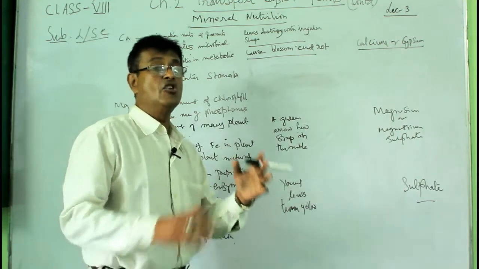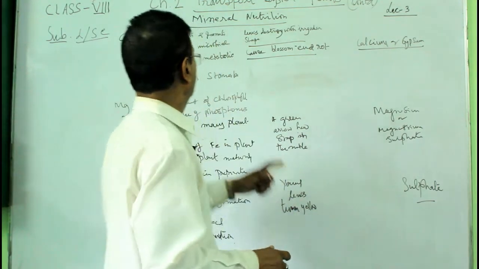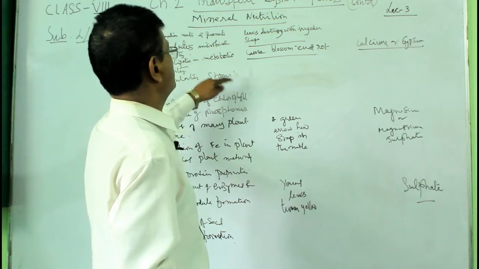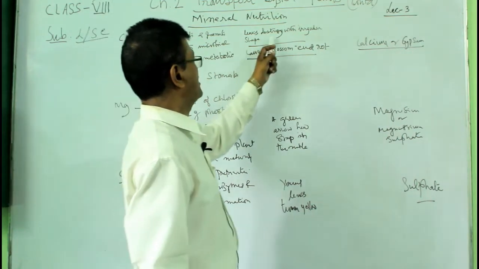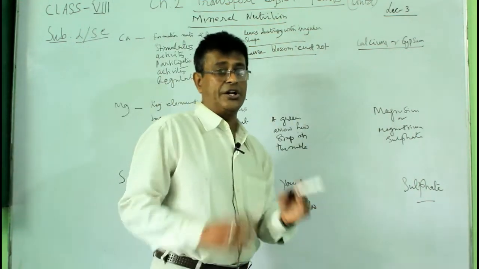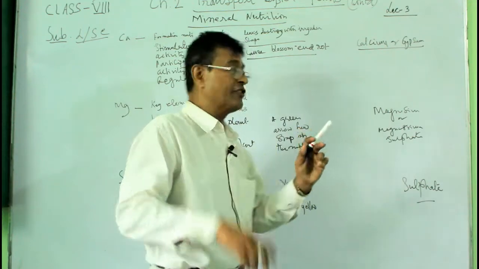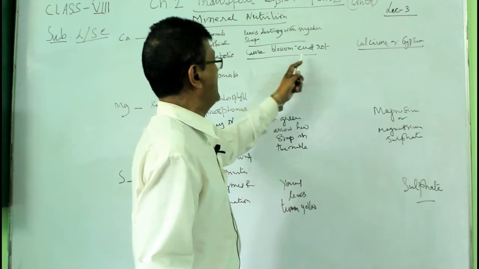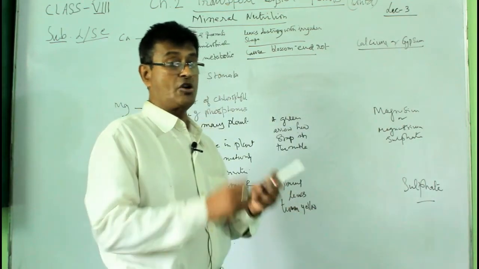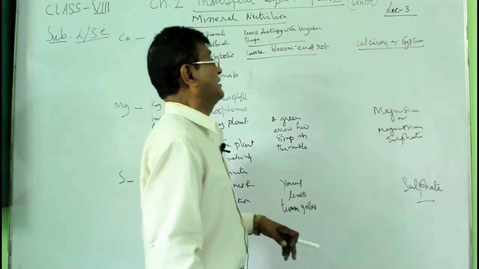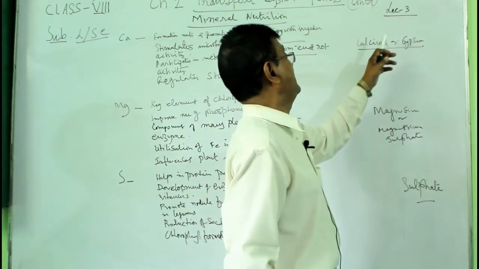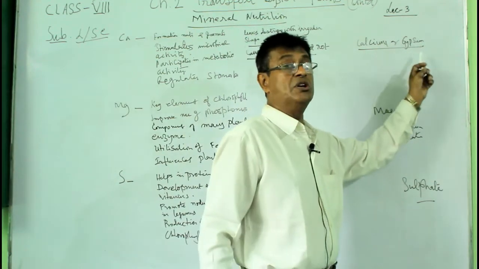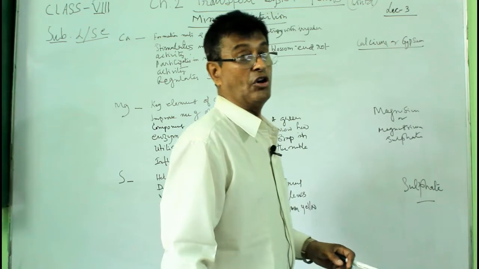That means the opening and closing of the stomata. Now, if there is deficiency, what happens? The leaves get destroyed with irregular shape. The regular shape of leaves goes, irregular shape comes, and it causes blossom end rot. Blossom end rot, that is common. And then what is the remedy? The calcium or gypsum is to be used to make up for it.